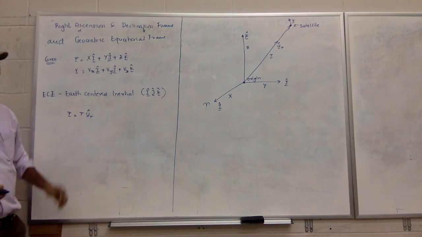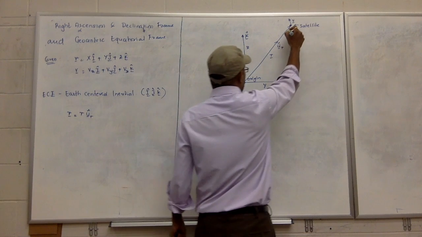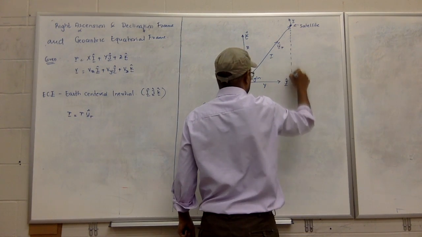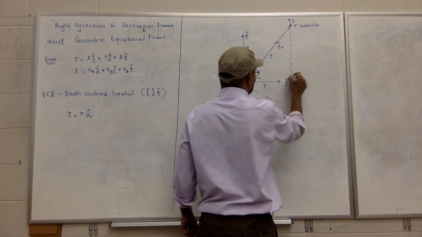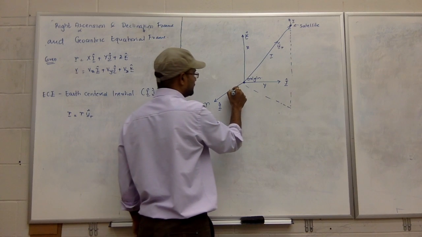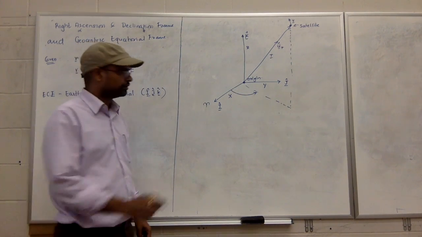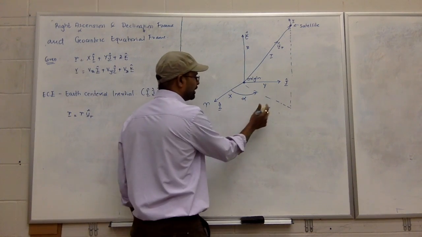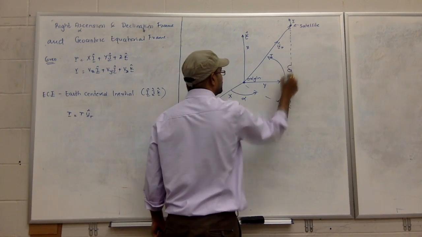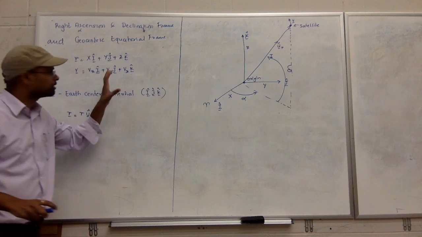If you want to get to this, we looked at this, right? What is this angle? Alpha, the right ascension. And this angle is delta. And this distance is r. So you can see the correlation.